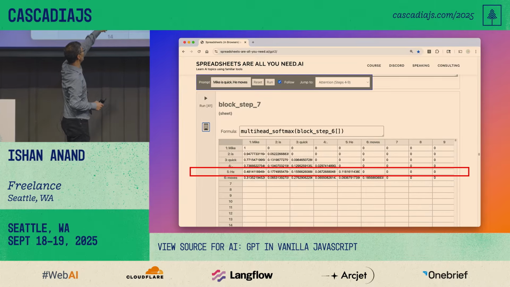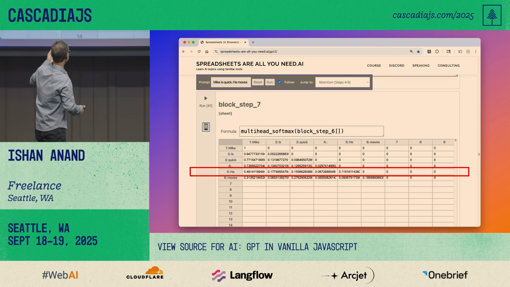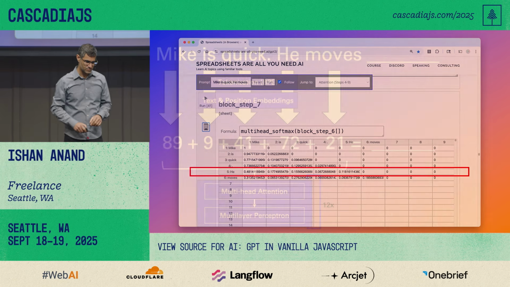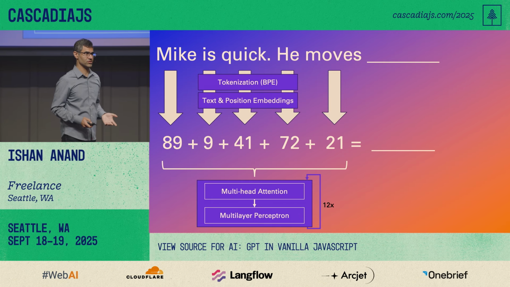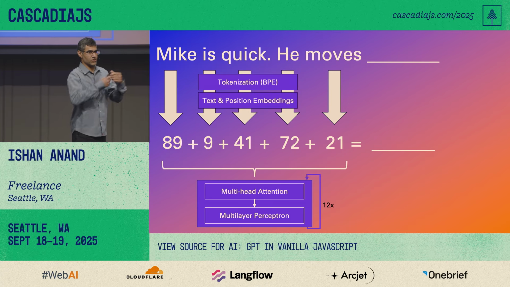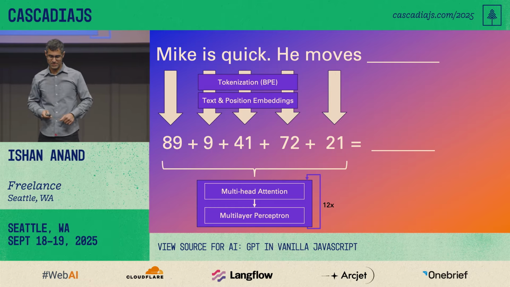So if you look at column 1, row 5, you see 0.48. That means basically 40% of he is looking at Mike and is going to incorporate that into its context. OK, that's attention. So now we've got all these tokens that have some sense, not just of what they mean normally when we refer to them, but what they mean in the context of the sentence that they sit in.